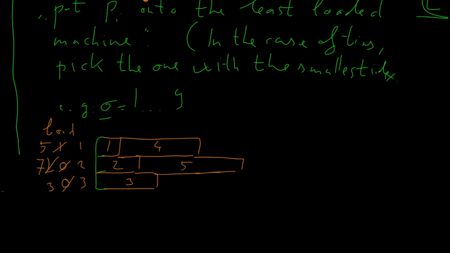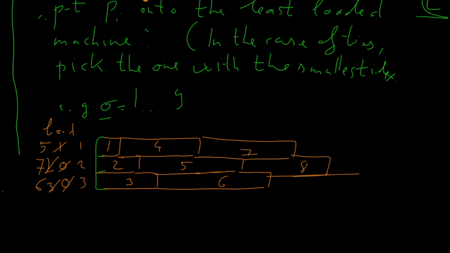Okay, and now comes the 8, and now the third machine has the least load, 6, sorry, yeah, okay, so it's 6, and the load will be 9, and then we will have the 7 to be put here, the 8 to be put there, and the 9 to be put there.